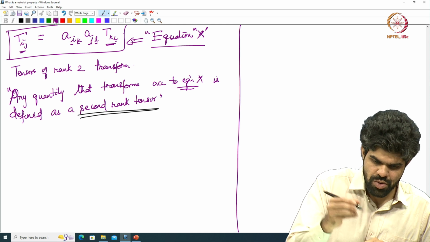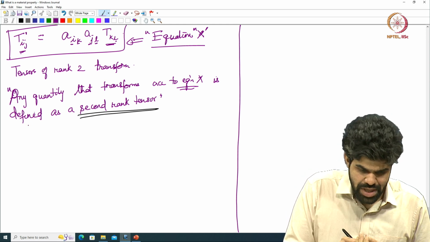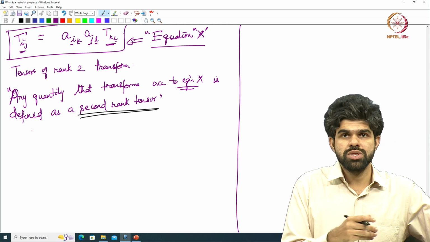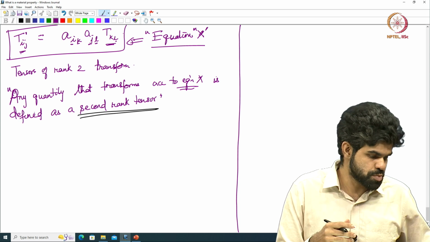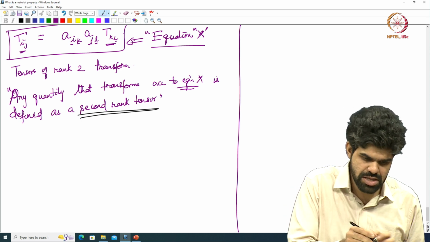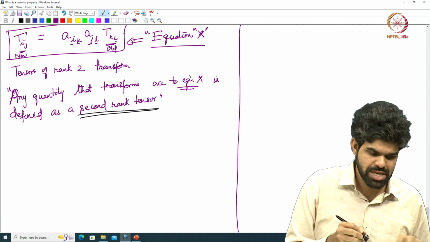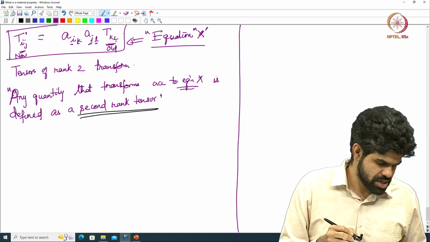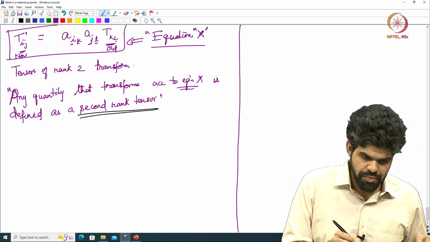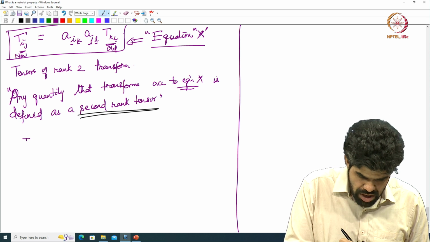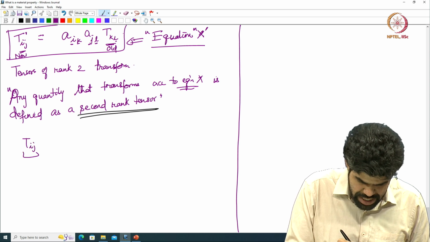Now, I can also do the inverse, which I would like you to prove. This is the tensor in the older coordinates, and this is in the newer coordinates.